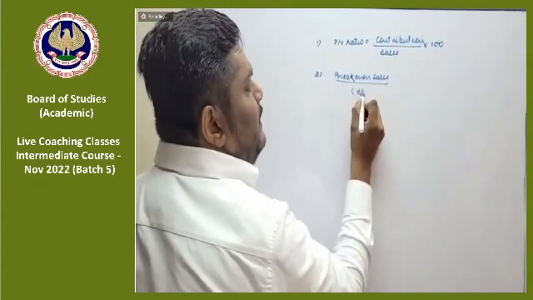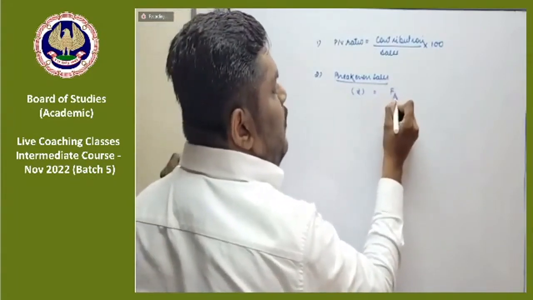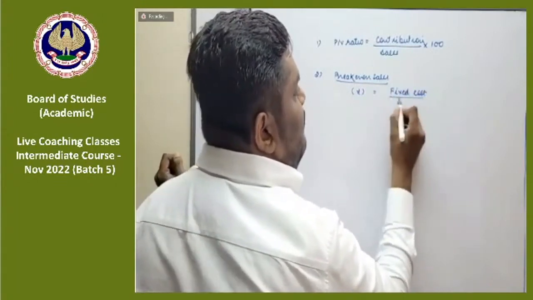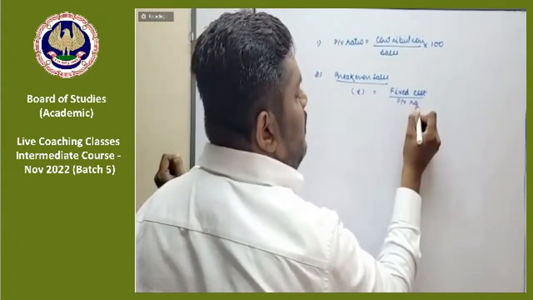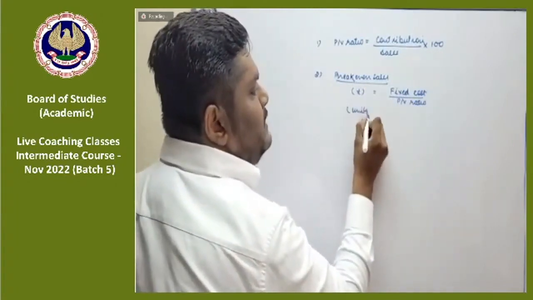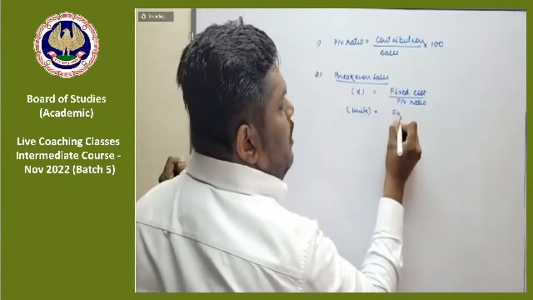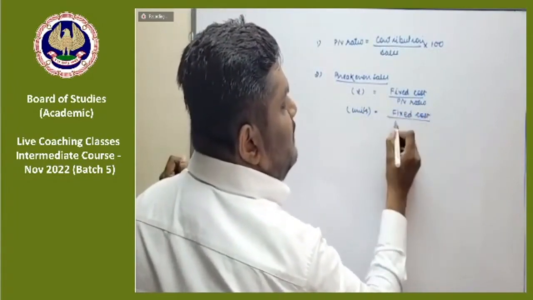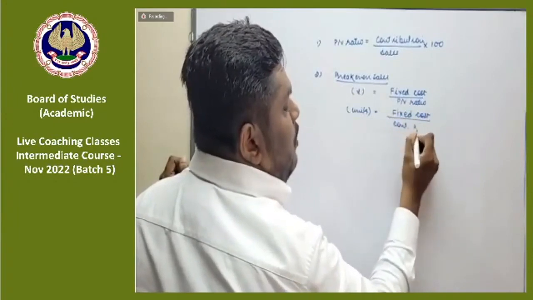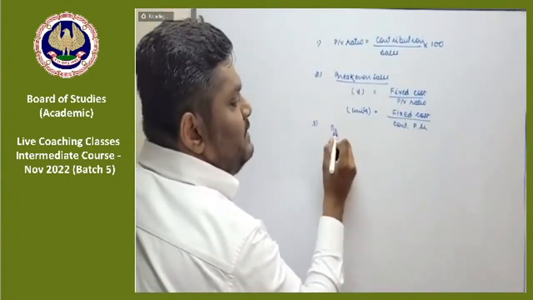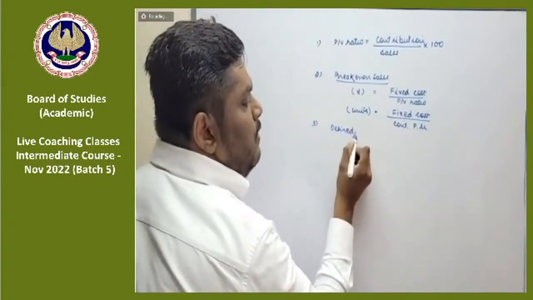When talking about calculation in rupees, the formula is fixed cost divided by PV ratio. When talking about units, it is fixed cost divided by contribution per unit.